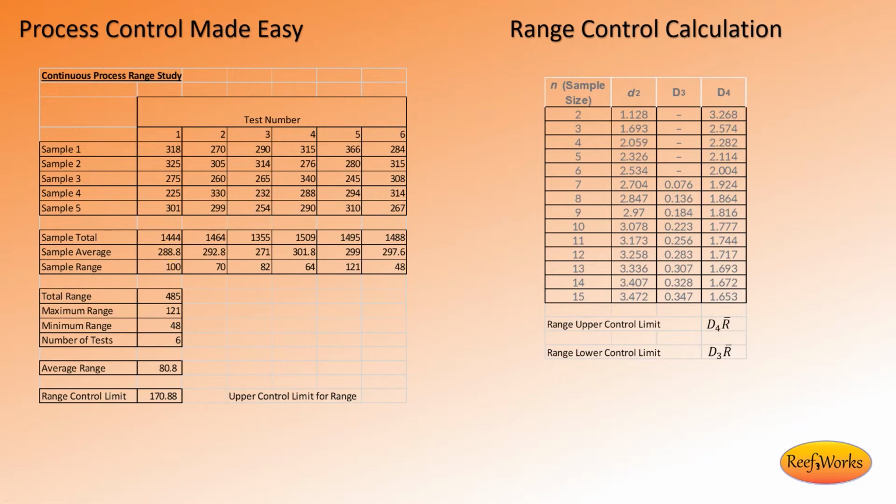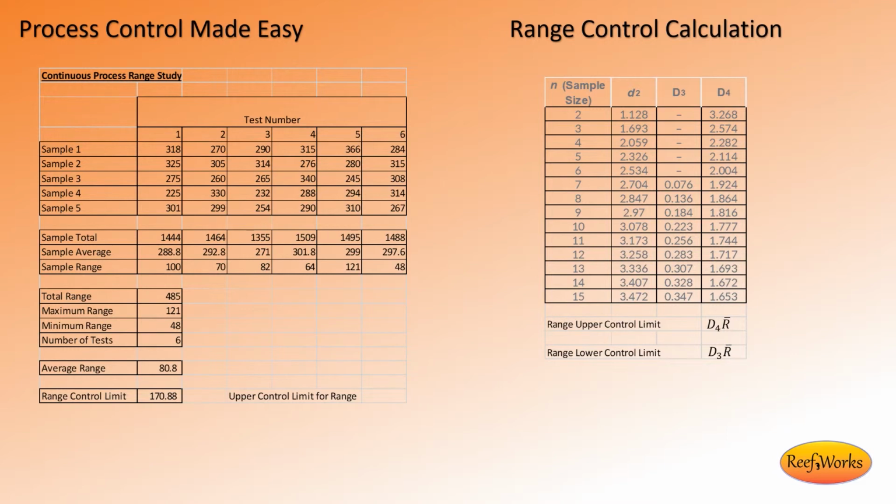Then we take all of these values, we calculate the total range, the maximum range, the minimum range, and then the number of tests. Then we calculate the average range, and we calculate the range control limit, which is the upper control limit for range. Obviously, if you have a 0 range, that's probably not a problem.